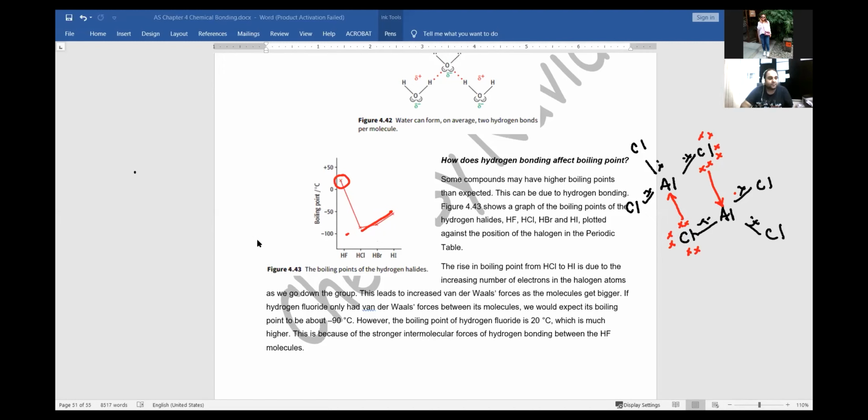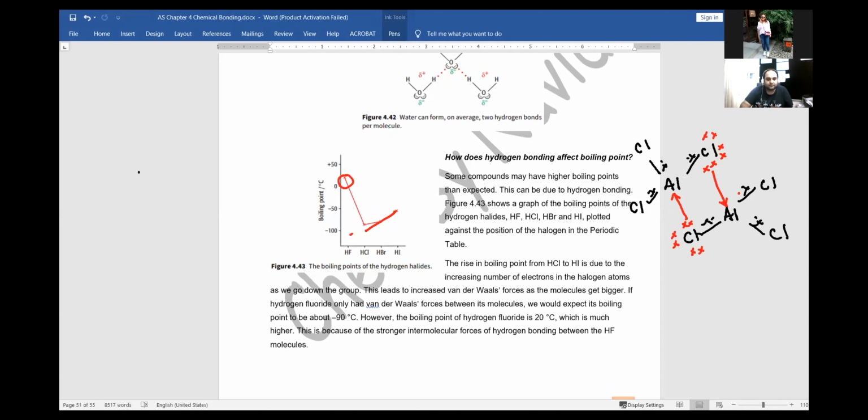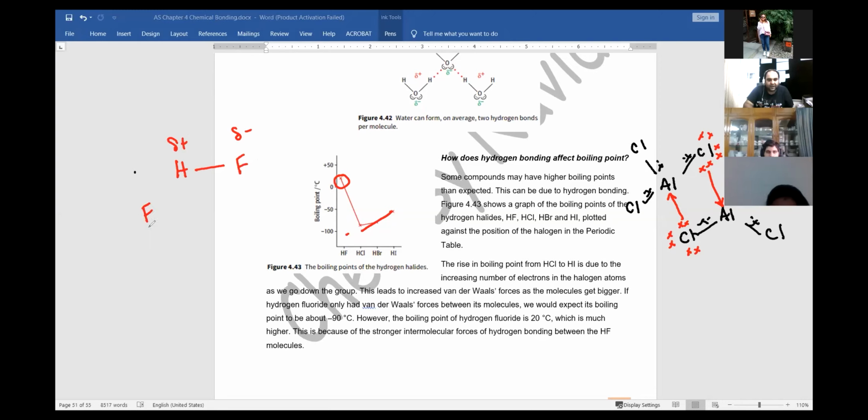Yes. Sir, hydrogen bonding has two criteria, and HF fulfills them, right? So what will the second criterion be? Okay, let's see. In one molecule hydrogen has to be bonded to either fluorine, oxygen or nitrogen. Has that been fulfilled? Yes sir. And in another molecule fluorine has to have a lone pair of electrons.